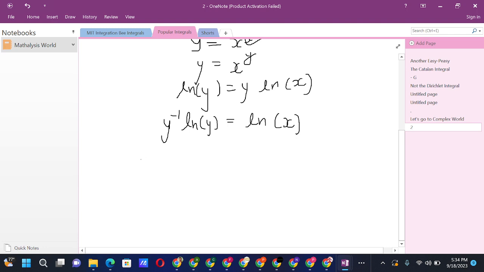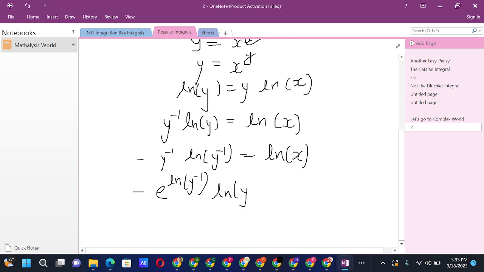Now we introduce a negative sign and put the power of y as an inverse. This negative sign comes out of the logarithm and cancels with this one. Now we can raise this ln of y inverse to the e power, so e to the power ln of y inverse. You can do this since e and ln cancel each other.